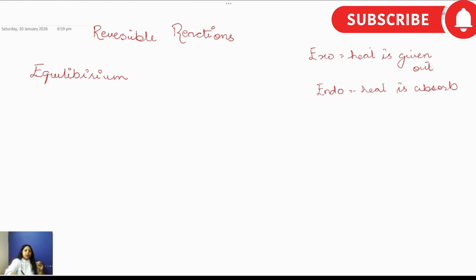Wait. If I'm explaining a reaction, for example the preparation of ammonia, or any exothermic reaction like the burning of methane, combustion, it releases heat. What are the products of combustion?